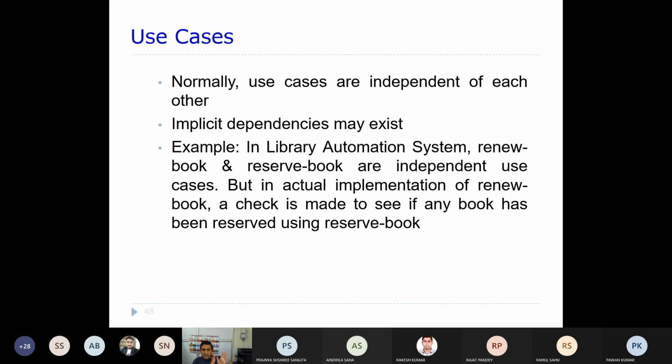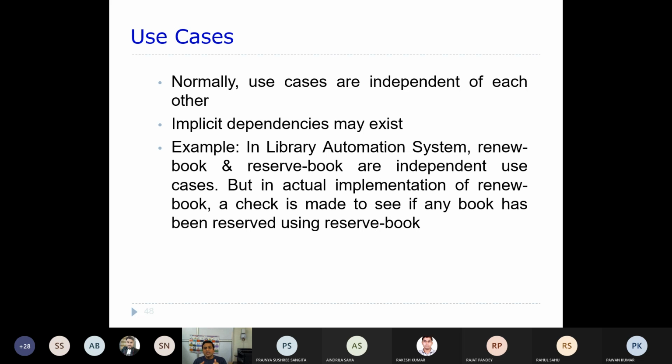So the renew book use case is completely independent and reserving a book is also independent. Their internal implementations will be very different, but they are dependent on each other only like this: whenever you renew a book, first you need to check whether that book is already reserved or not.